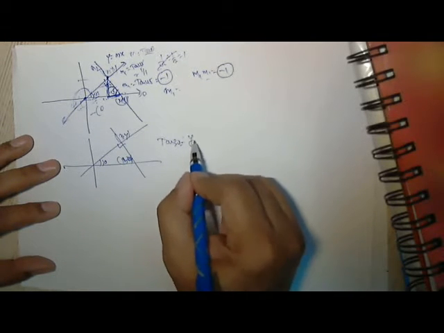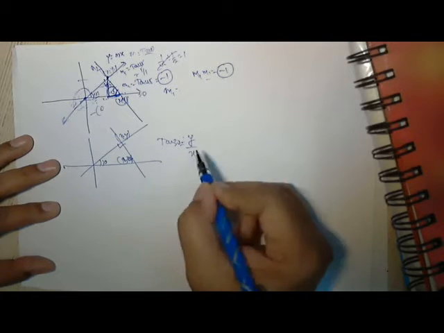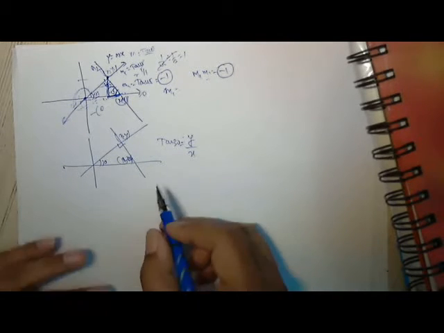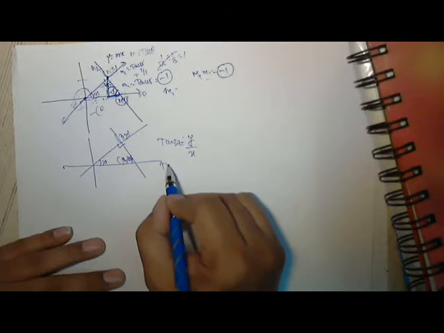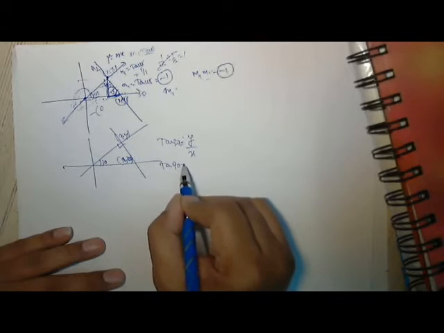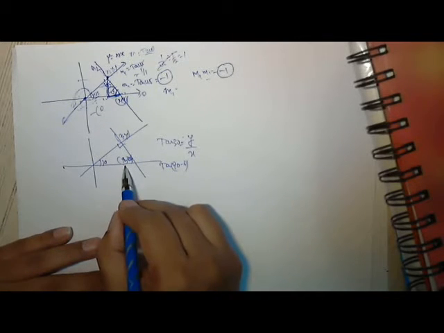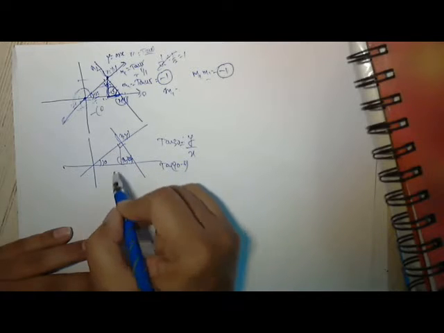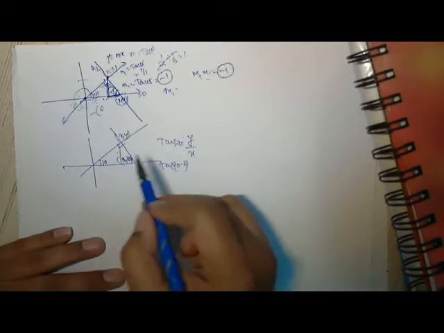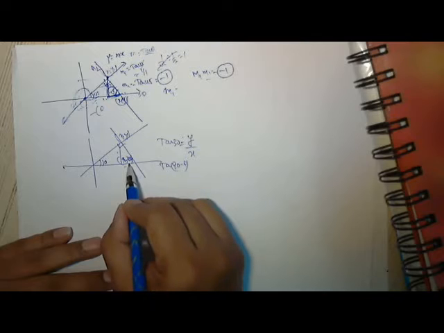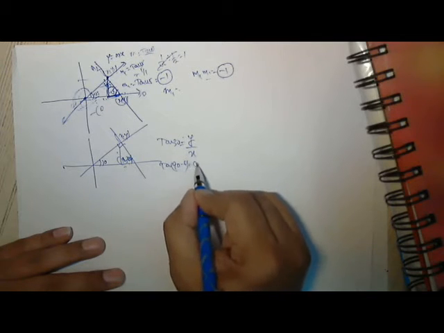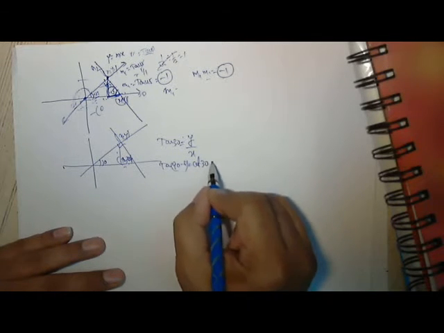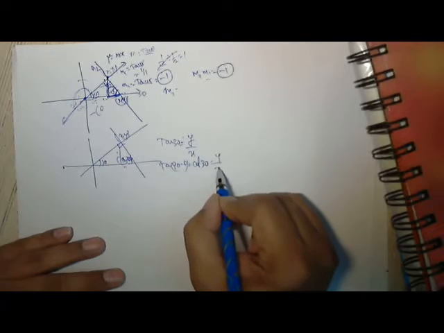So tan 30 is y by x. What is tan of 90 minus 30? Or you can say cot 30. That is equal to y by minus x.